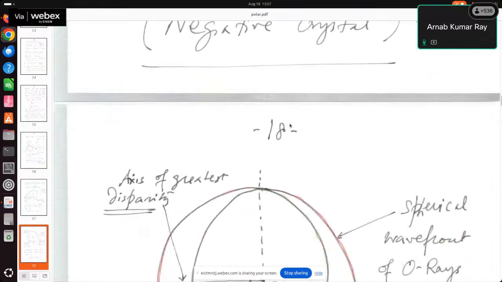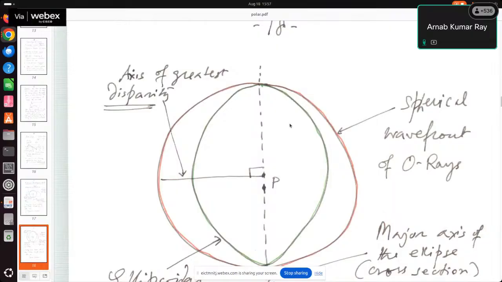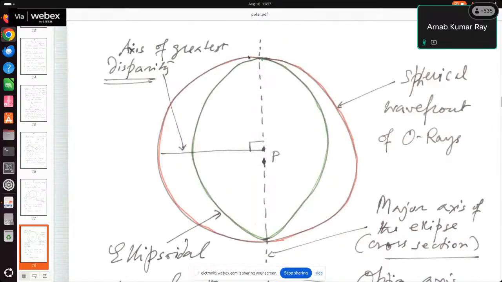So that is the reason why in this diagram the ellipse has enveloped the circle. But it is the other way around in the next diagram. The faster velocity for the extraordinary ray is of course along the major axis, and the slower velocity is along the minor axis, but the faster velocity is now coinciding with the velocity of the ordinary rays, which form this spherical, or rather the circle, which is enveloping the ellipse over here.